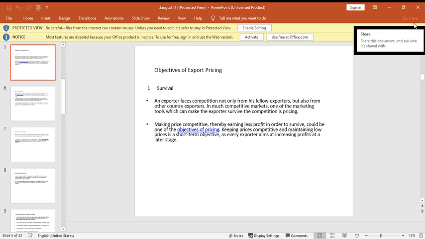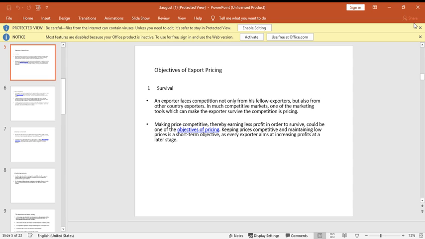So that is survival. Survival: an exporter faces competition not only from his fellow exporters but also from other countries' exporters. In highly competitive markets, one of the marketing tools which can make the exporter survive the competition is pricing.